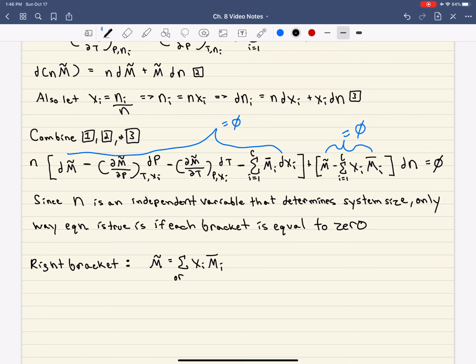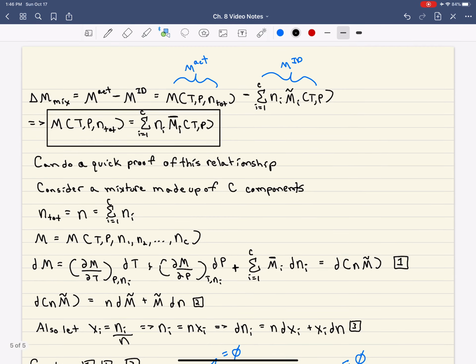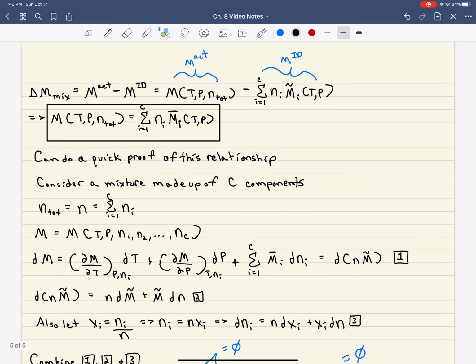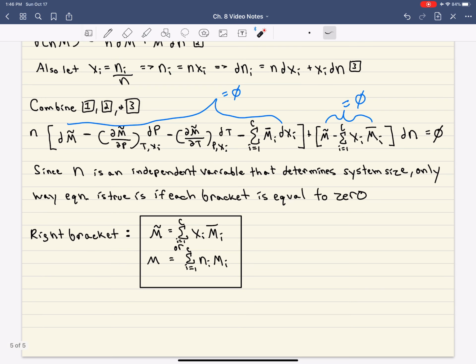Or if we multiply both sides by N, we get these relationships. Which, if you already forgot why we did all this stuff, this is what we were trying to prove in the first place. And so by going through this proof, we are able to show that this is true.